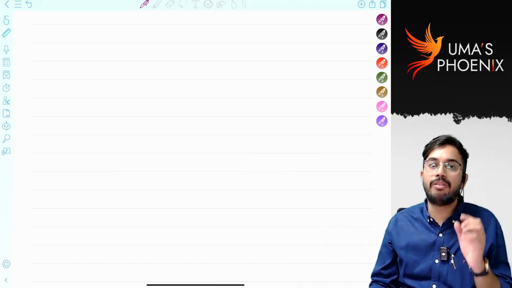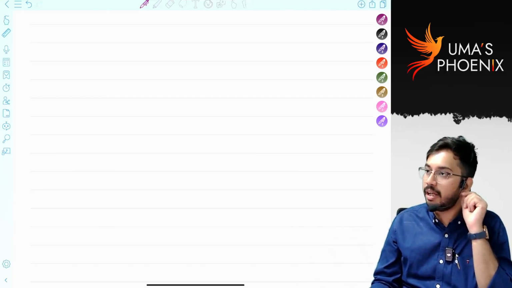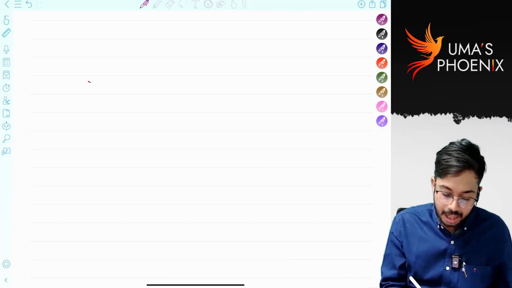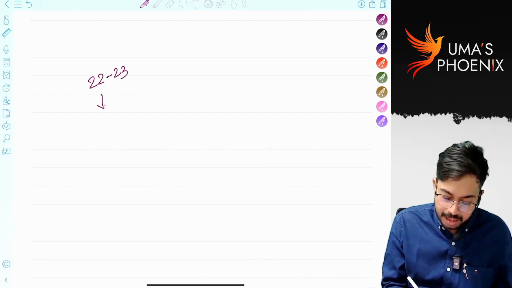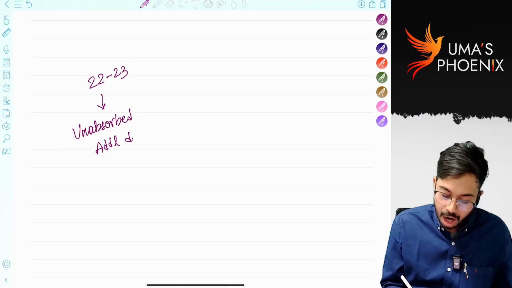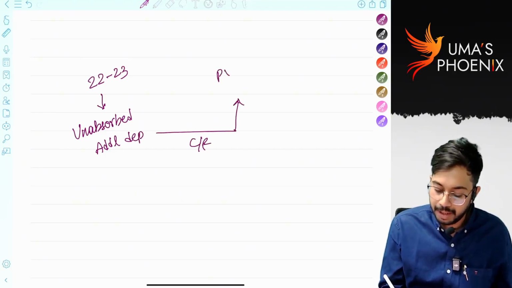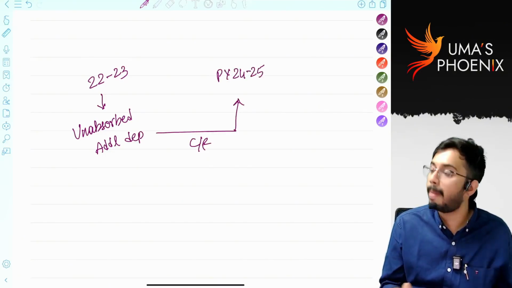This concept of 115BAC came in Finance Act 2023-24. Let's say in 22-23 there is unabsorbed additional depreciation. Automatically what will happen? It will be carried forward to the next previous year 24-25, right?